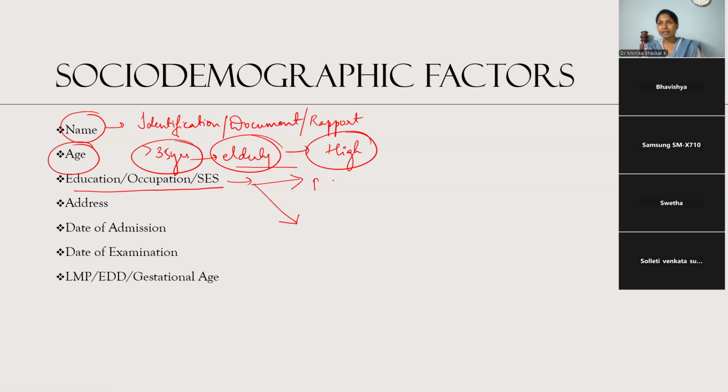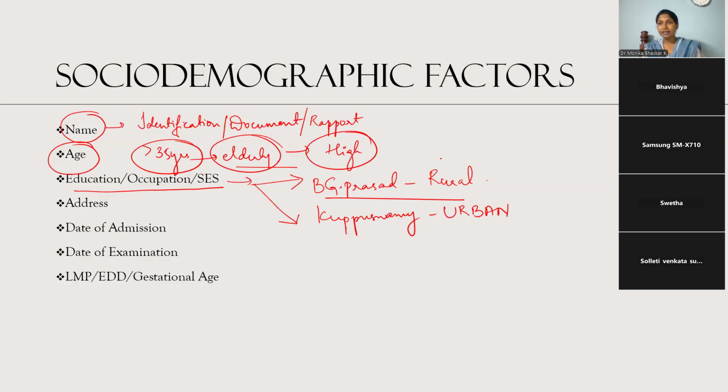One is the BG Prasad classification, which is usually applicable to the rural population. The second important classification is Kuppuswami's classification, which is usually used for the urban population. So whenever the woman is coming from a rural population, you will use the BG Prasad classification, and Kuppuswami is usually used for the urban population.